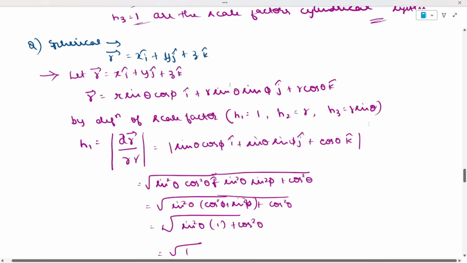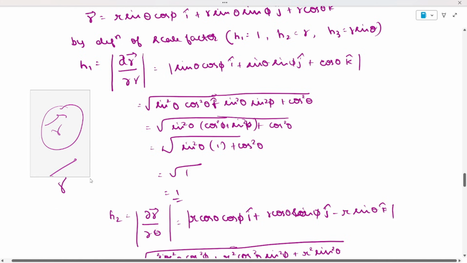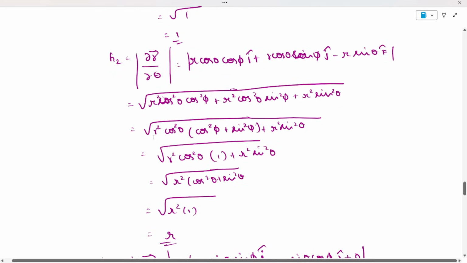Now again you find the vector h1: r differentiated with respect to r only. This is the r cap direction. This is a vector, and you are differentiating with respect to r. Now you will get it as 1, sin²θ, cos²θ. Again, if you differentiate for h2, you will get r cos θ cos φ.